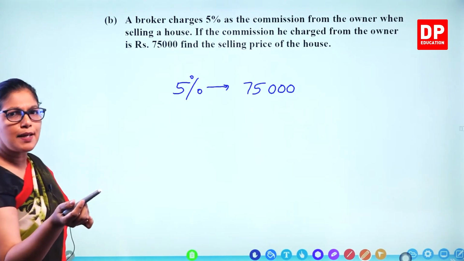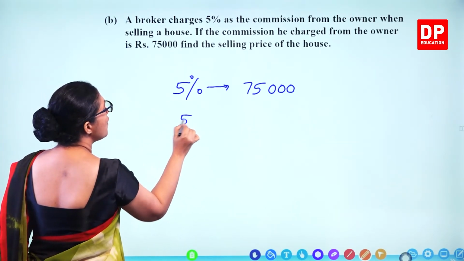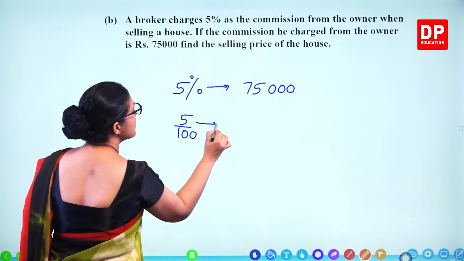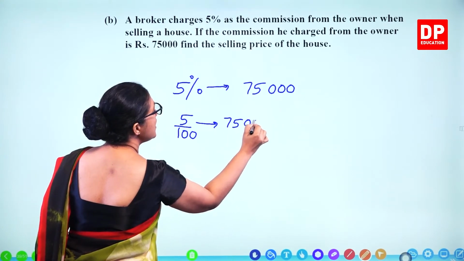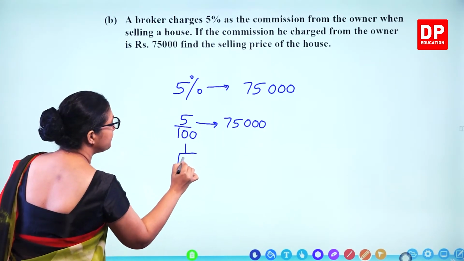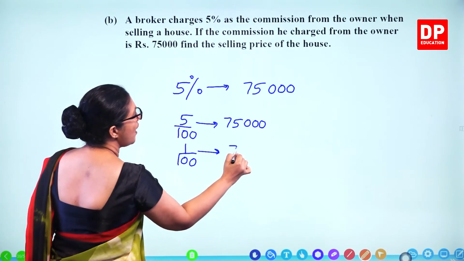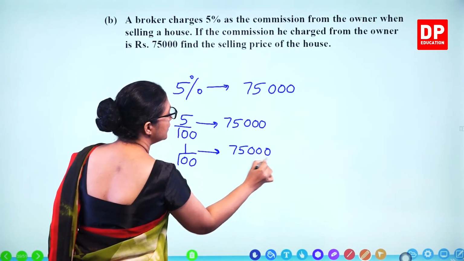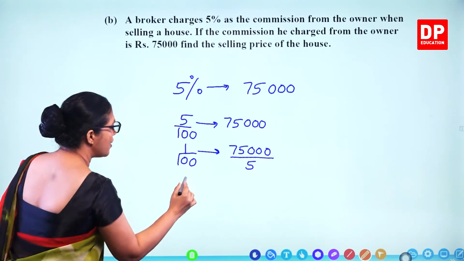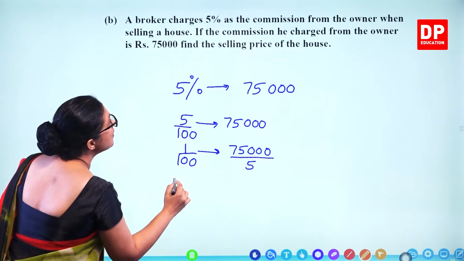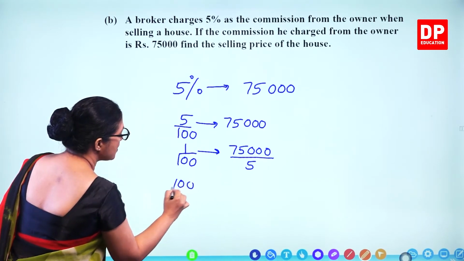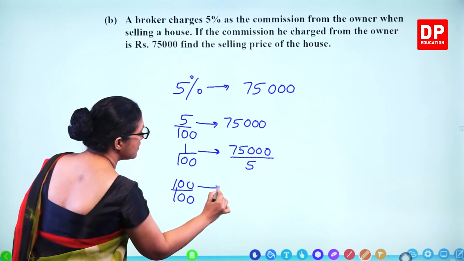That's the selling price. So 5 over 100 means 75,000 rupees. So 1 part, you divide by 5, and for 100 parts, so we'll write down 100 parts. 100 over 100 is the selling price.